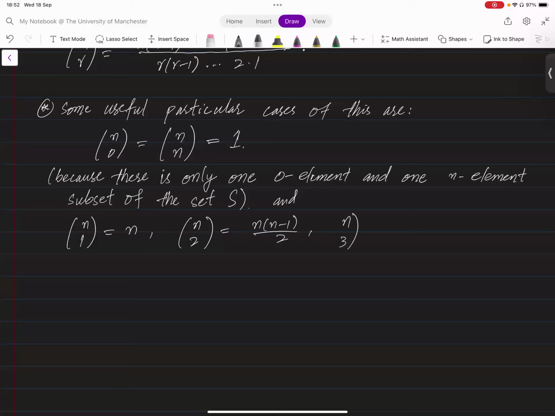Similarly, n choose 3 is n times n minus 1 times n minus 2 over 6, and so on.